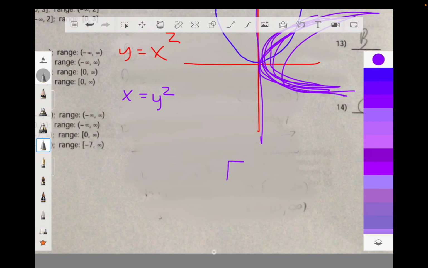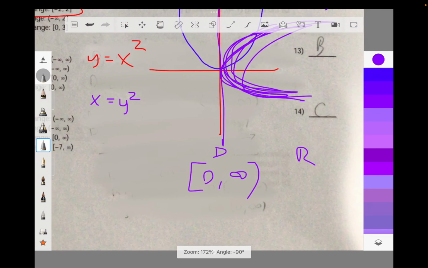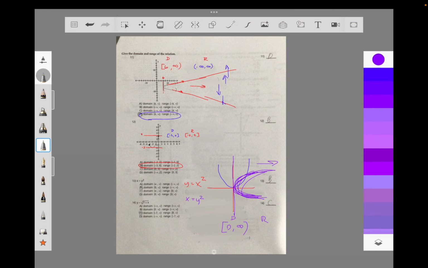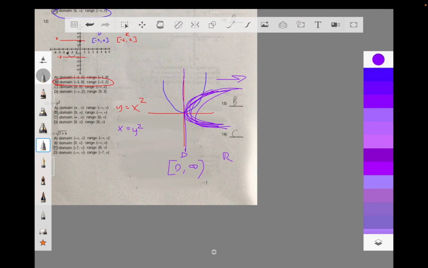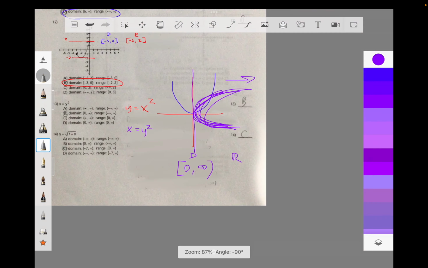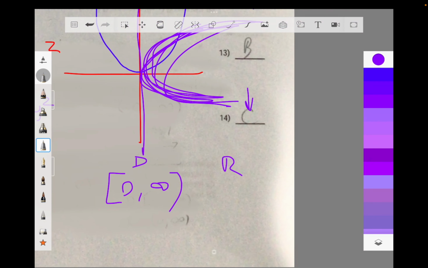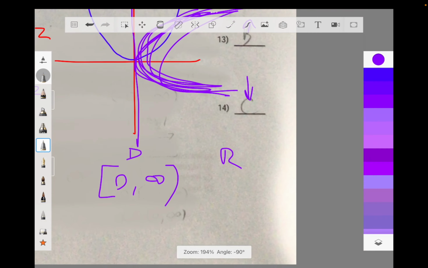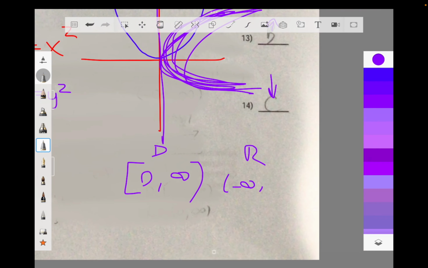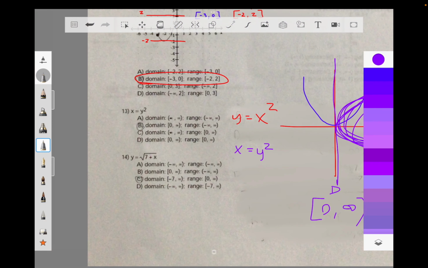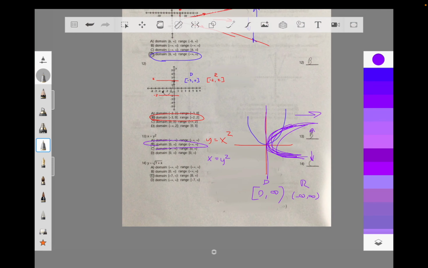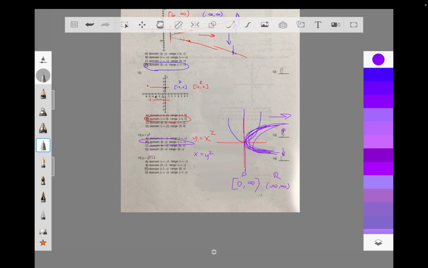So it's going to be 0, comma infinity for its domain, and its range is similar to the top one, where it slowly goes up and down in both directions. So it's going to be negative infinity, positive infinity.